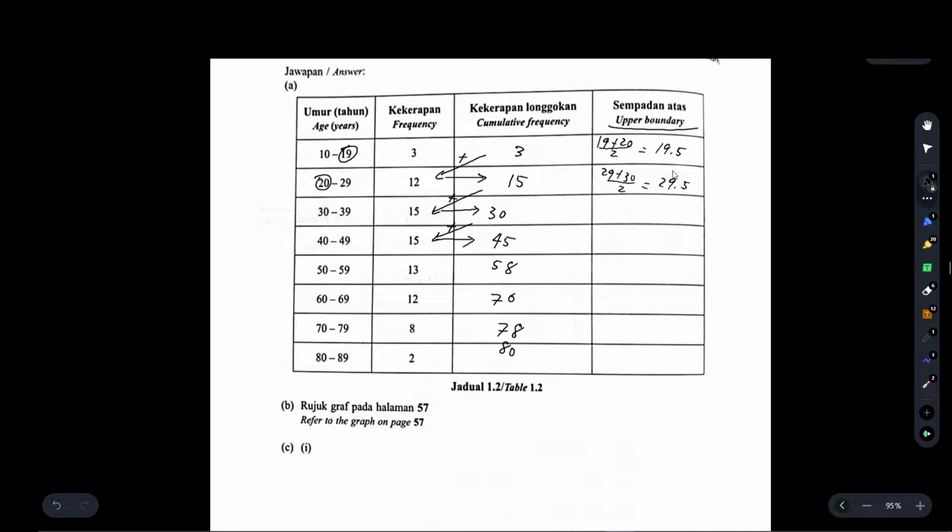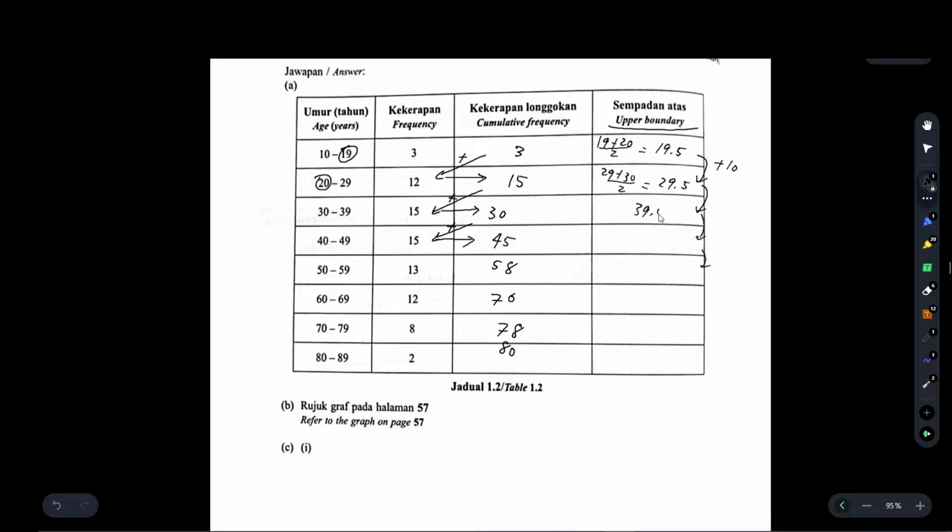29.5. See the pattern here? When it goes from this to this, it adds 10. So that's a pattern when we are calculating the upper boundary. For the following one, we're just gonna add 10, and so on.